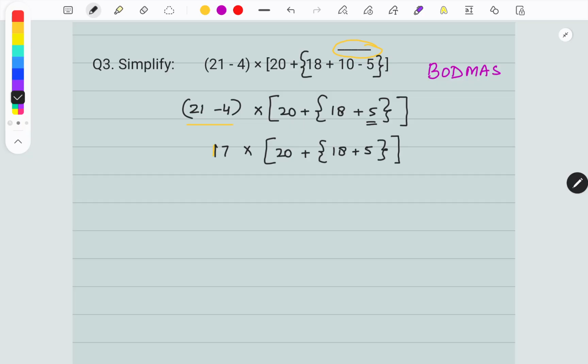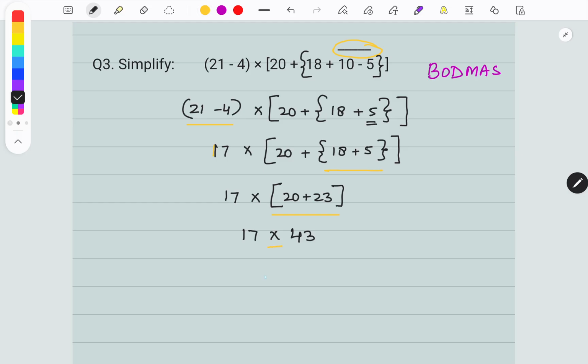Now what is bigger than parenthesis? We have the braces. Where are the braces? Here. So next we are targeting this. Let's do this. 17 into 20 plus 23, which will give us 17 into 43, because the next one we took was square brackets followed by multiplication.